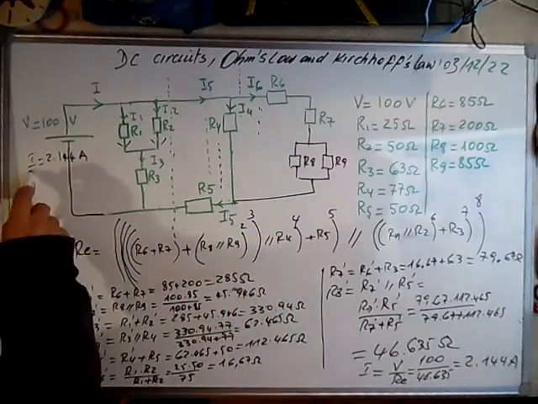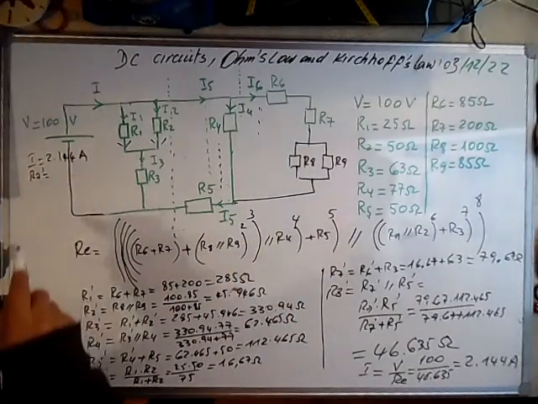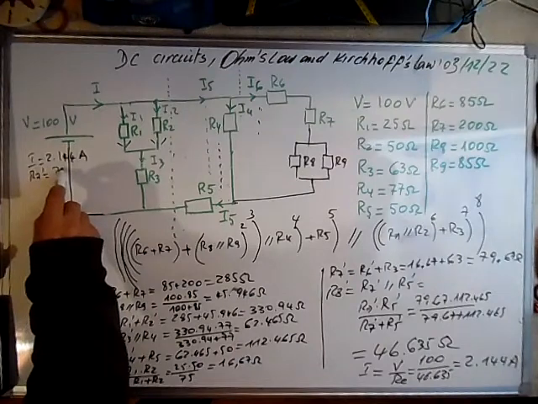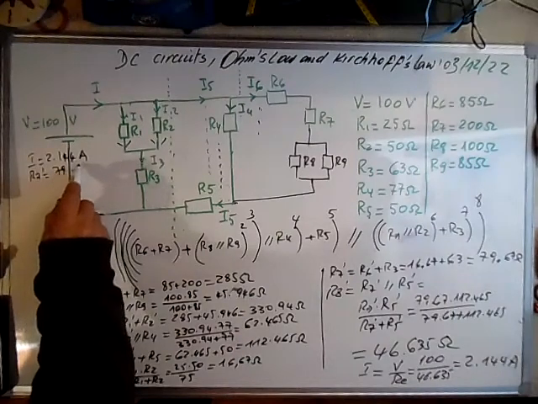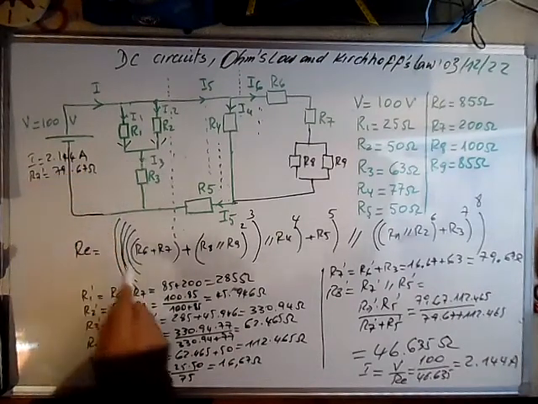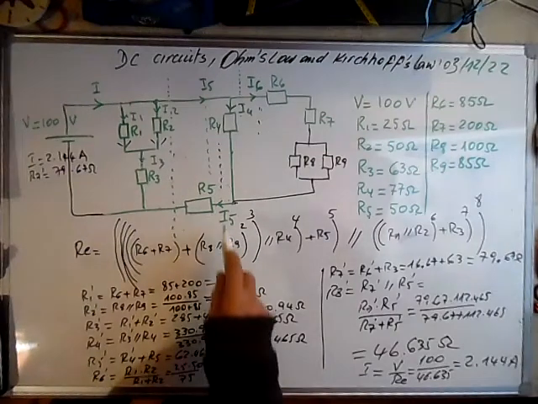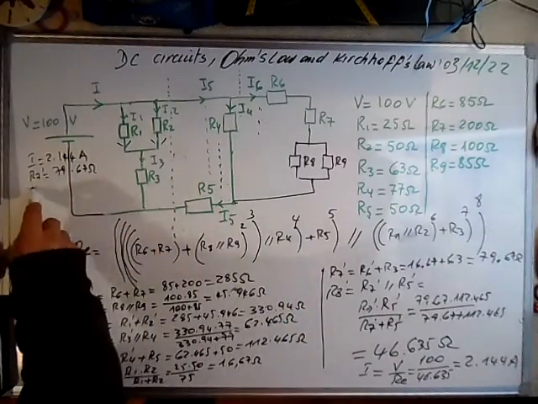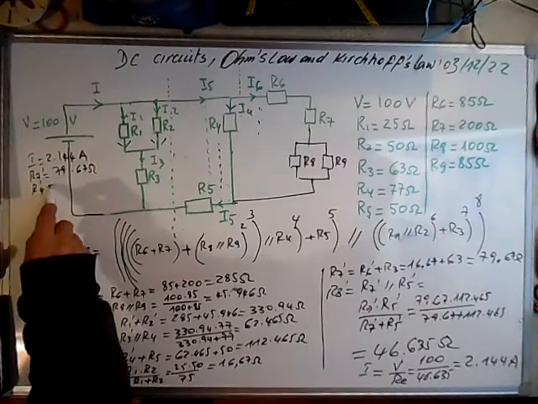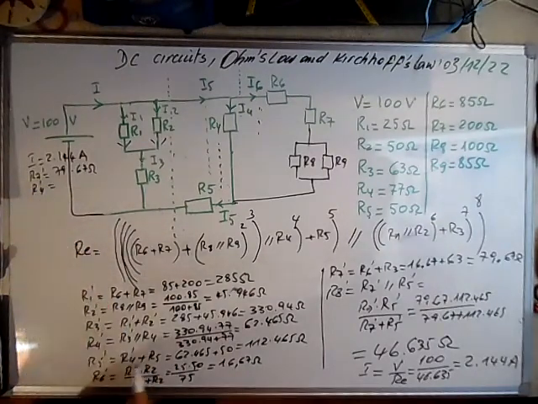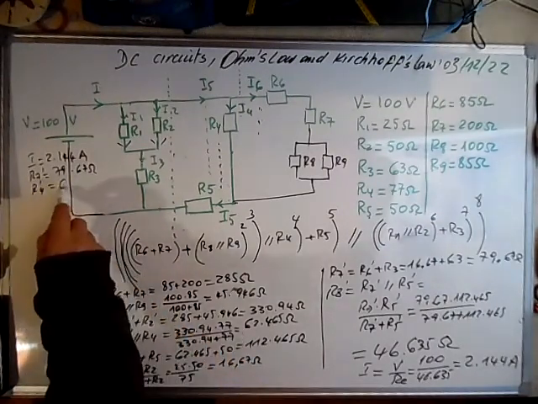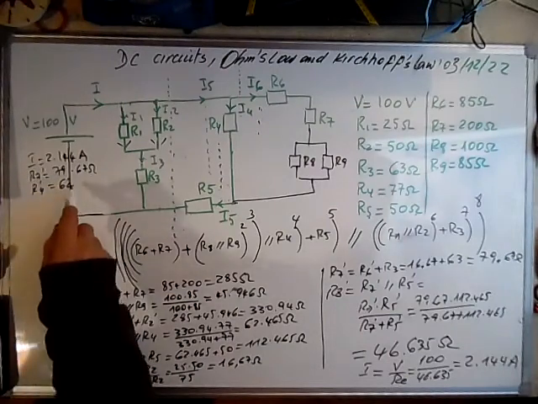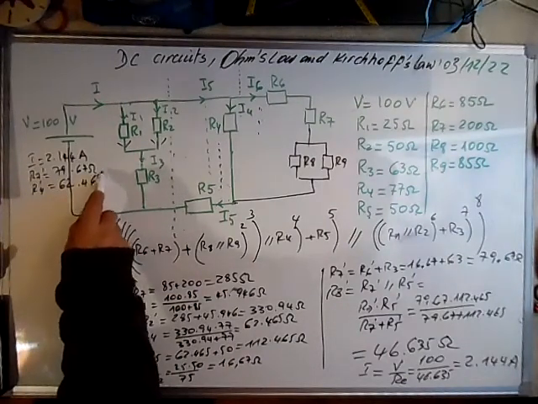And what I need here is R7 prime. I write here 79.67 ohms. I will need R4 prime, is that right? R4 prime, that's right. R4 prime is needed, we will see. R4 prime is equal to 62.465 ohms.